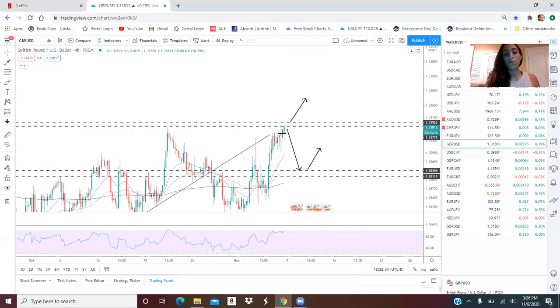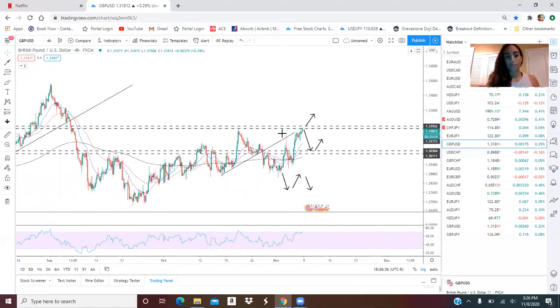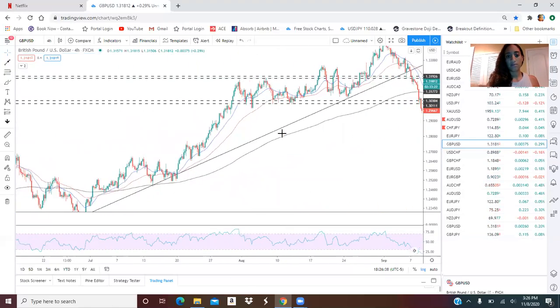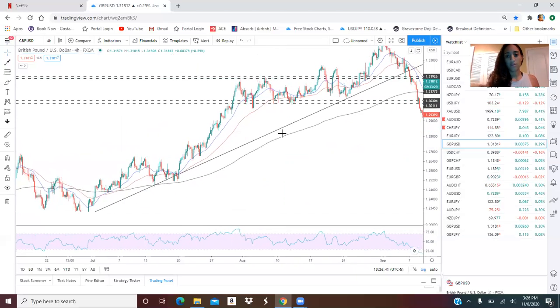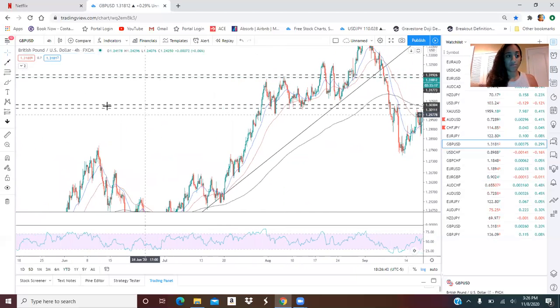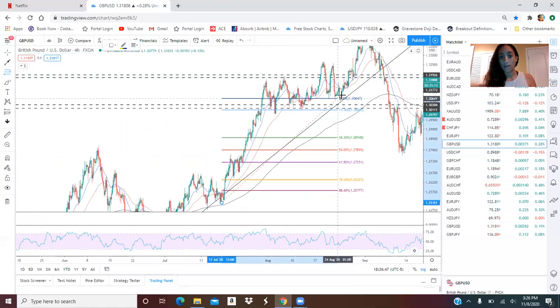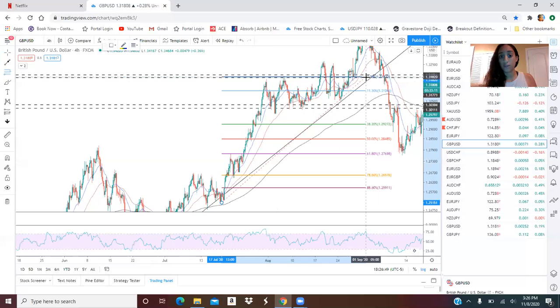It really does depend. Do you see how price just went up right here? Price flew.